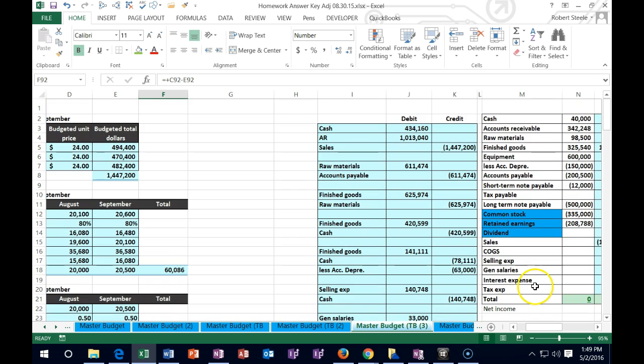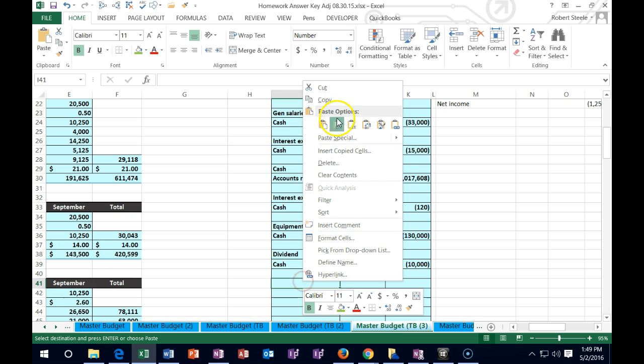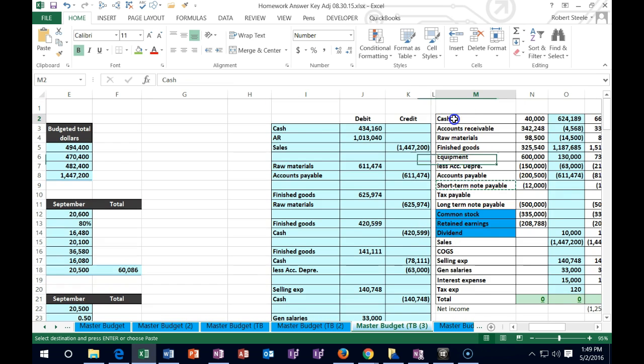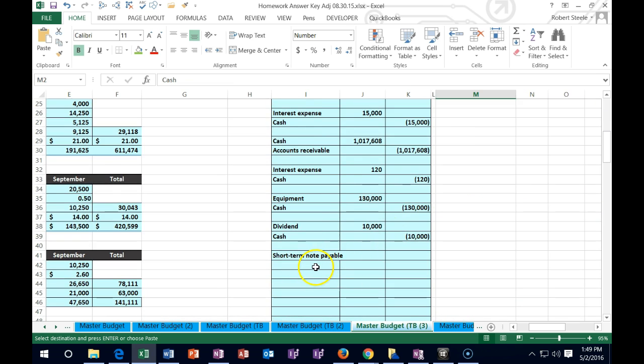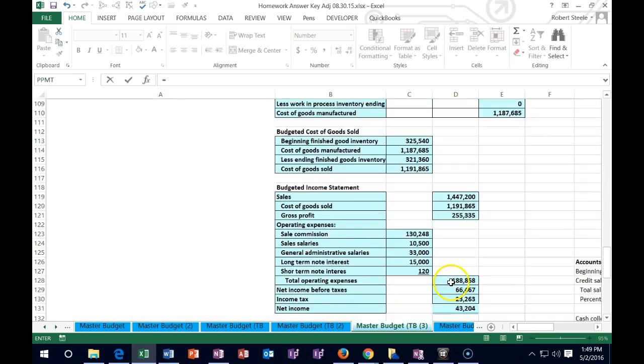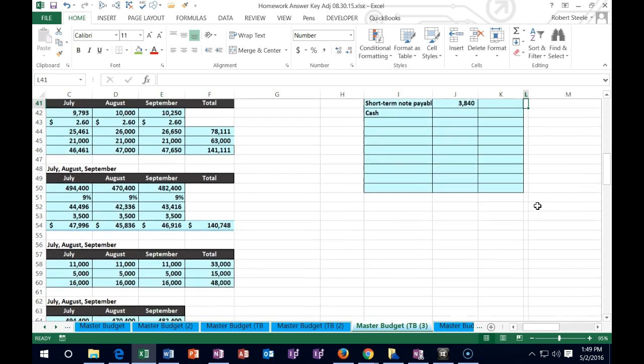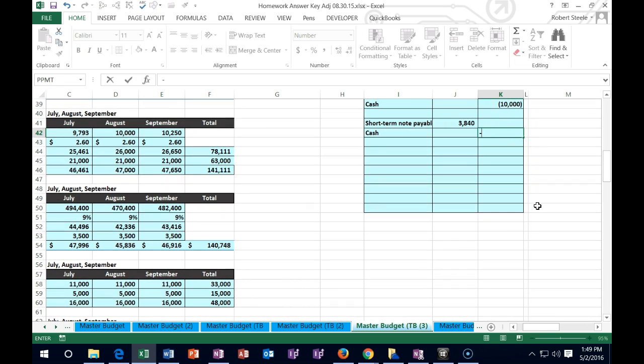So I'm just going to say, well, okay, here's my loan amount. It needs to go down with a debit. So we're going to debit that. And then we're going to credit cash. So I'm going to credit cash like that. And the amount's just going to be equal to that number we were just looking at, the 3,840, leaving us with 8,000 something, hopefully.